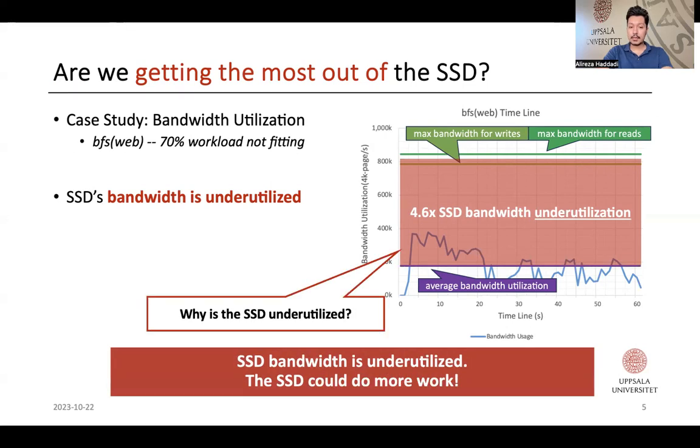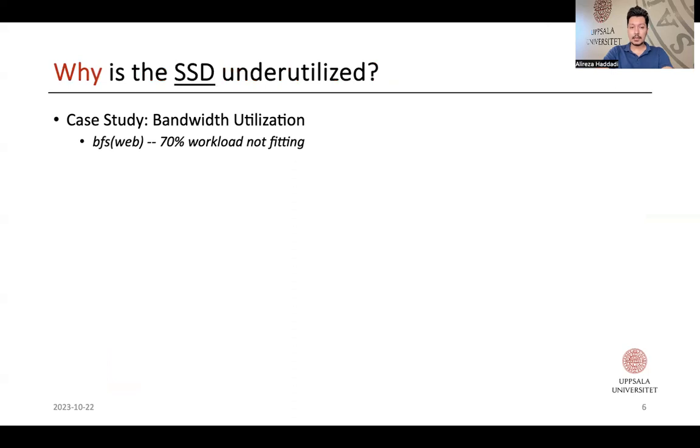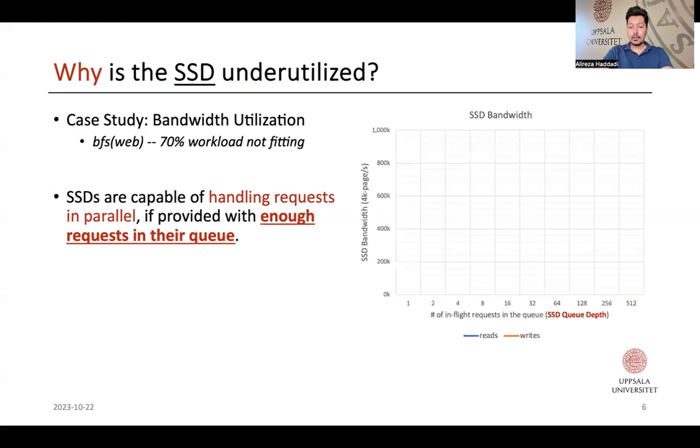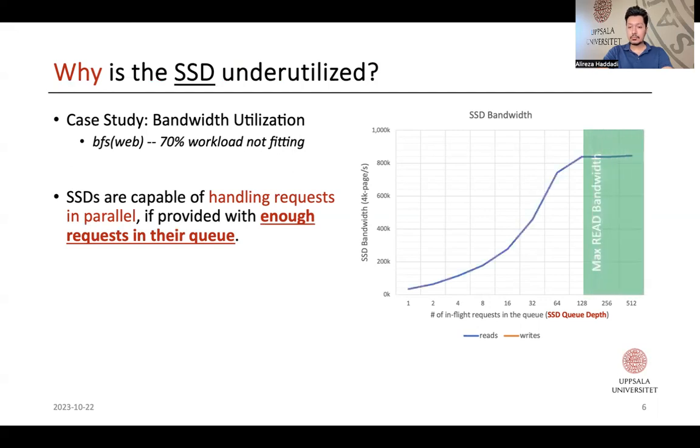But why is the SSD underutilized? Let's have a deeper look at it. Again, we have the same case study. And I should note that SSDs are capable of handling requests in parallel if they are provided with enough requests in their queue. So in this graph, we are going to see the SSD bandwidth as a function of the number of in-flight requests in the SSD queue, or in short, the SSD queue depth.